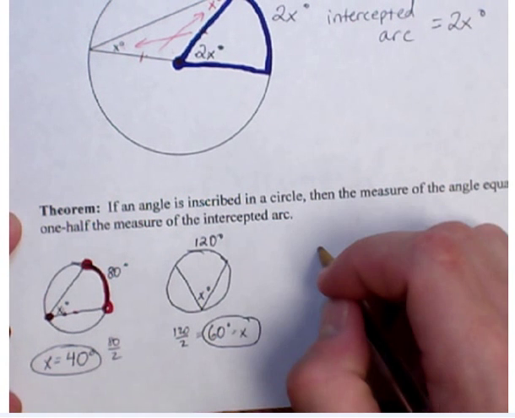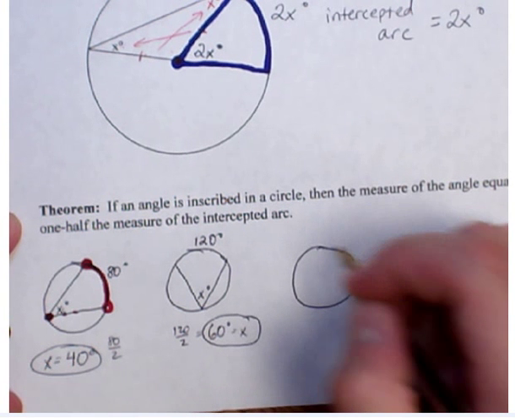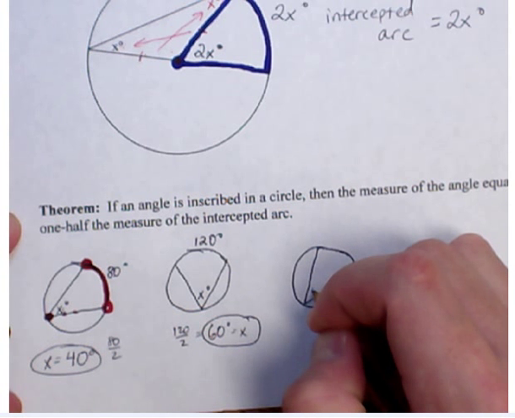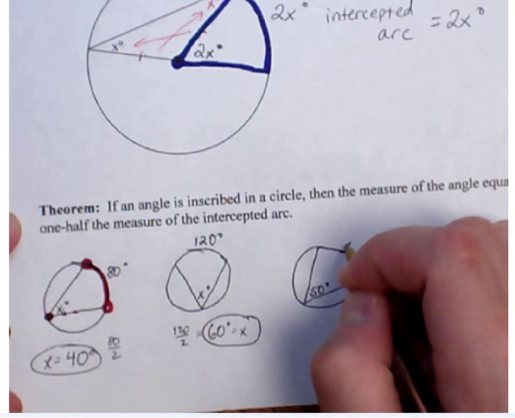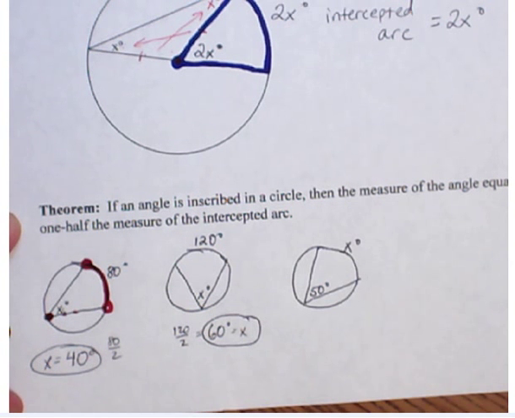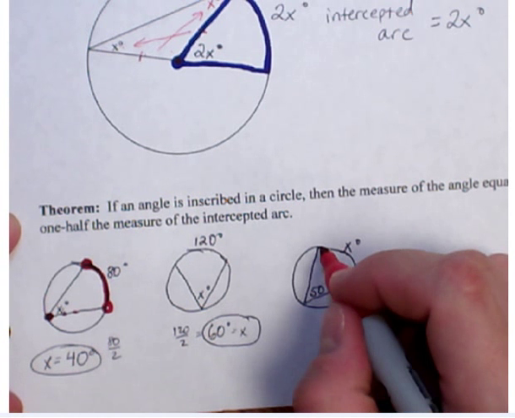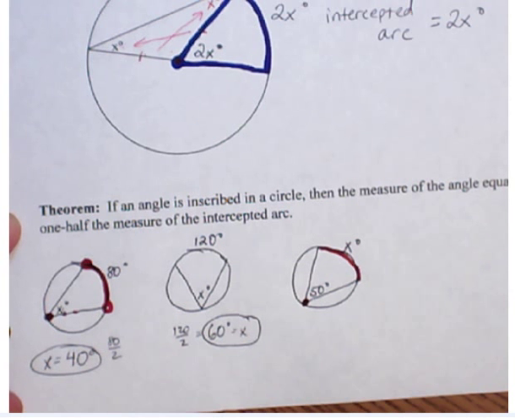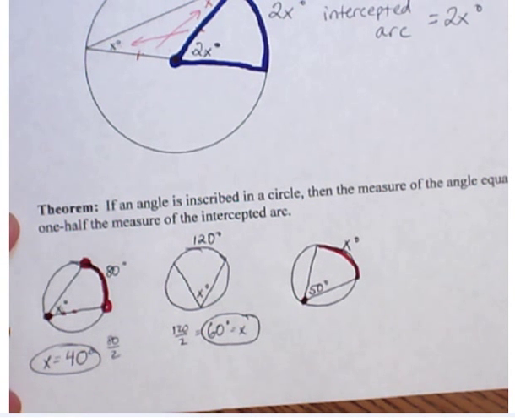What happens if we work the other way? What if we say that the inscribed angle is 50 degrees? Now we want the arc measure. So the arc is x degrees. The inscribed angle measure is 50.